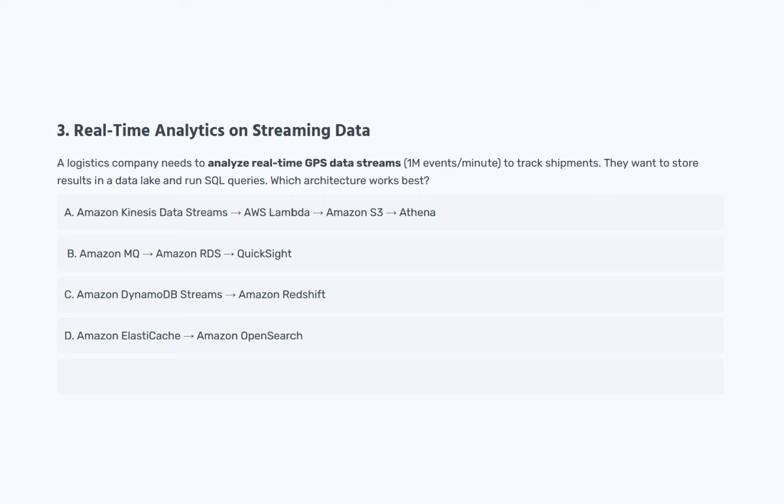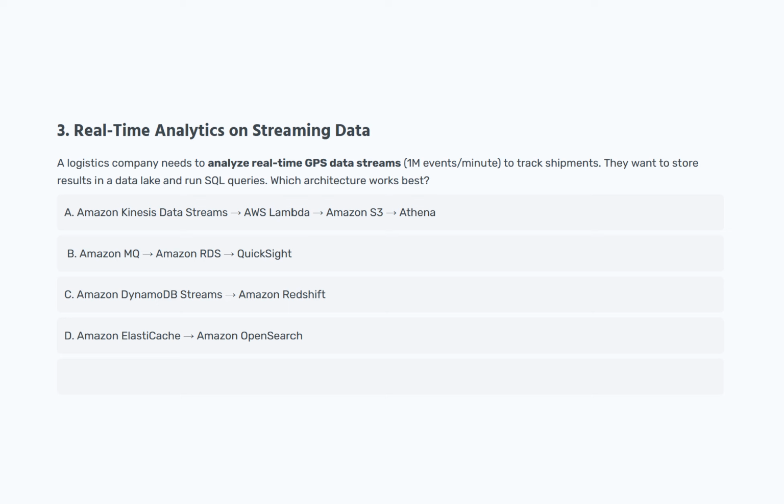Amazon Kinesis Data Streams, then you process with the AWS Lambda, and then you save the cleansed data into S3, and then you use Amazon Athena, right? Ad hoc SQL querying. And then Amazon MQ, RDS, QuickSight, I don't think it's going to work. DynamoDB Streams, Redshift, there are no queries there.